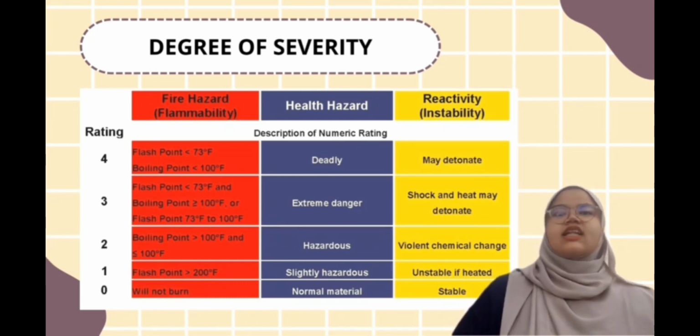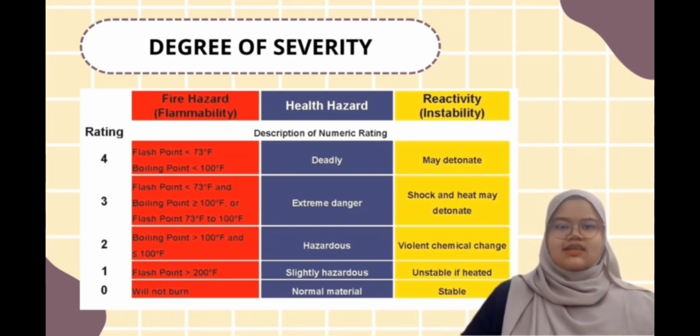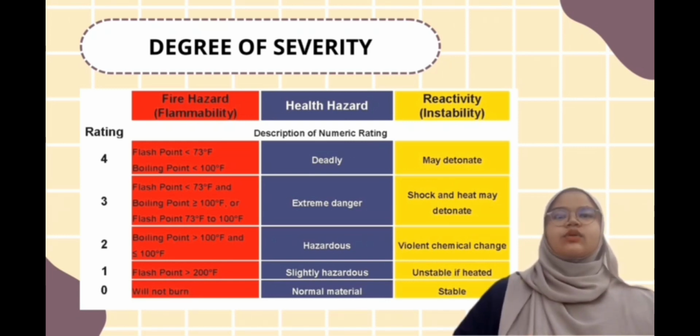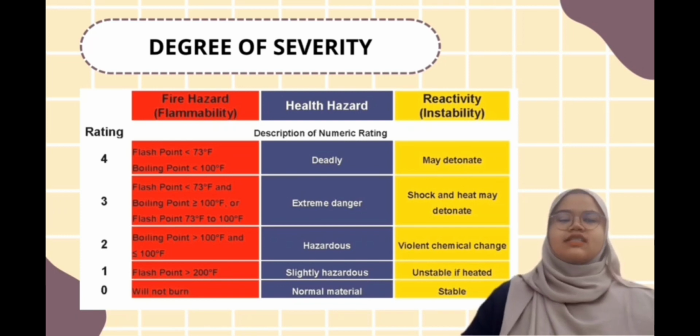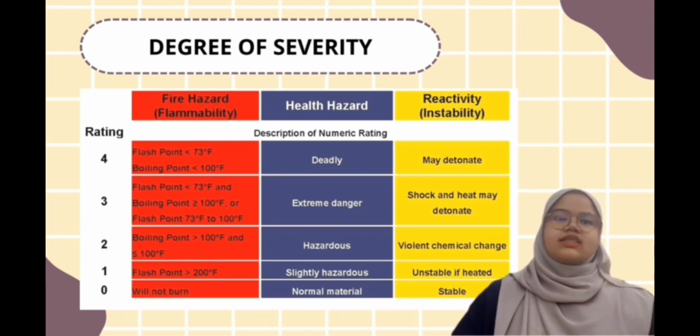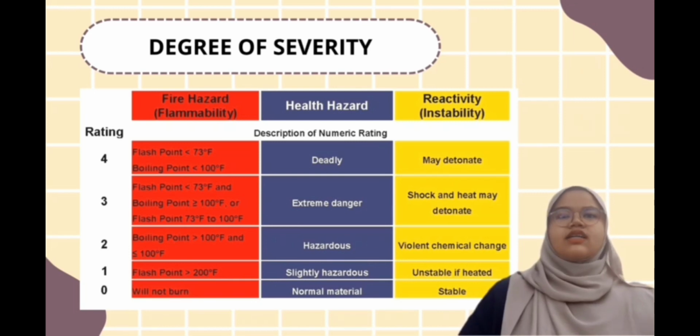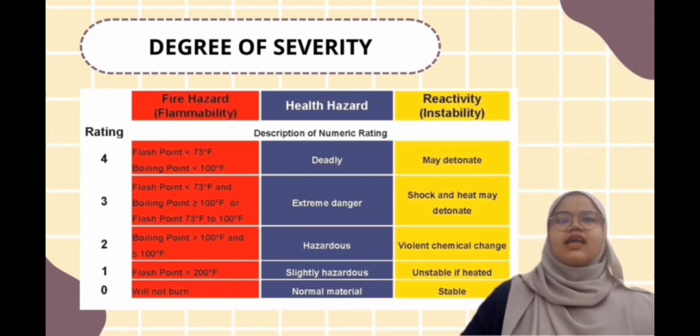For flammability, level 0 means that the materials will not burn, and up until level 4, where the materials will completely vaporize at normal pressure and temperature. It also will burn readily. For health hazards, level 0 is for materials that offer no unusual hazards upon exposure to fire conditions, while level 4 shows that the materials can affect health and cause serious injury during a very short period of exposure, even though medical treatment is given.